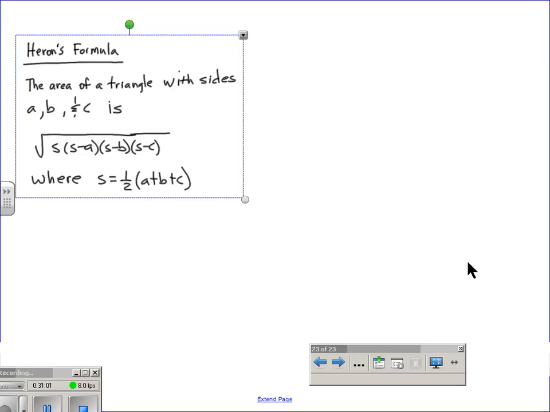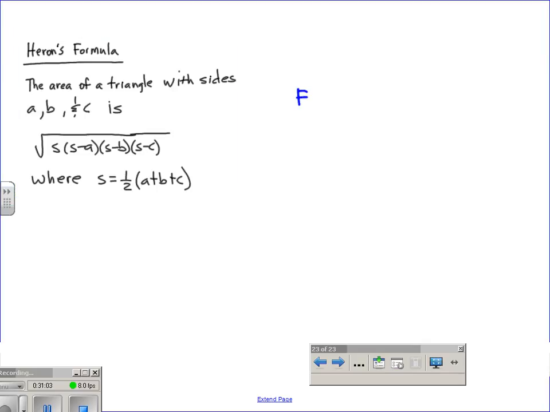What I would like for you to do is find the area of a triangle with side lengths 8, 10, and 14.